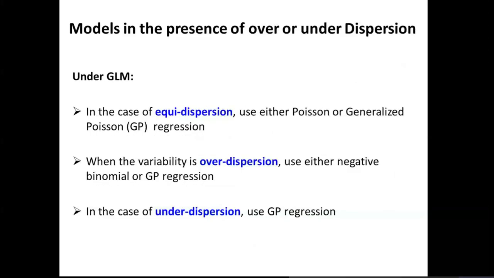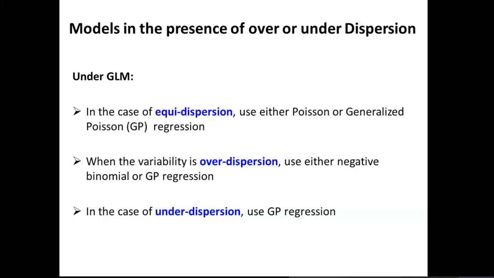Models in the presence of over or under dispersion. If it is equal, there is no problem; we said we use Poisson. This is outside your topic. But if there are over dispersions and under dispersions, what do we do? One, in the case of equidispersion, use either Poisson or generalized Poisson regression.